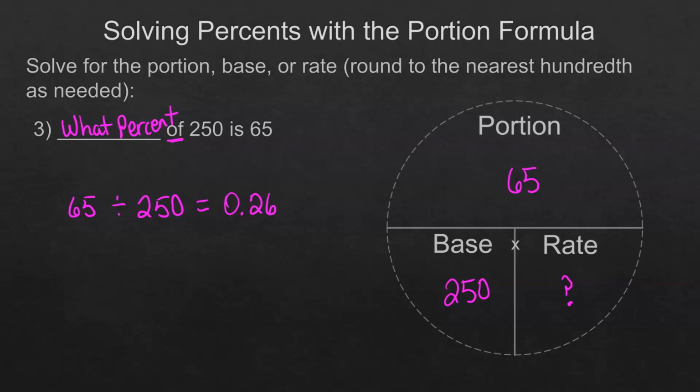Now, this is in decimal form, so we want to convert it to a percent, and so my rate is 26%. Remember, rates are going to be in percent form, right? Percent form for answers, but decimal form for calculating. So you have to remember that, we just switch back and forth wherever we need to.